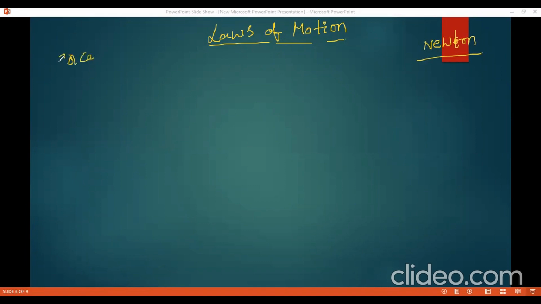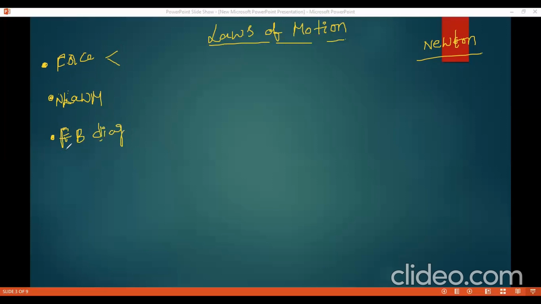What are the different types of forces? And then what are Newton's laws of motion? Newton's laws, NLM. And the third one is free body diagrams.